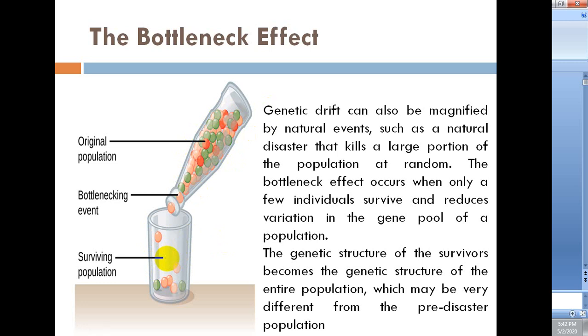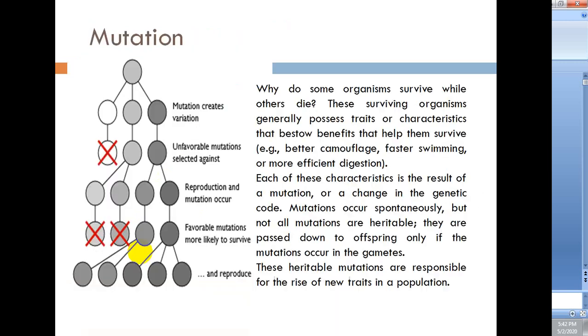So this population is entirely different from the original population. When they survive and form one population, just like the founder effect, you will find a rapid change in the allelic frequency. Similarly, the mutation process is also responsible for this.